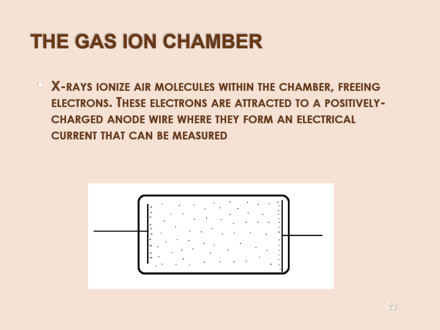Until you bombard that pocket of air with ionizing radiation, there is no electricity flowing from cathode to anode. But as soon as the air becomes ionized, then we can get an arc and we can get an electrical current flowing across this ion chamber.